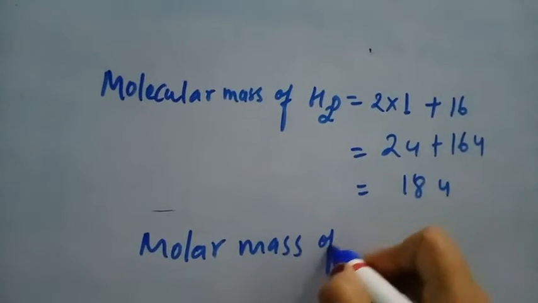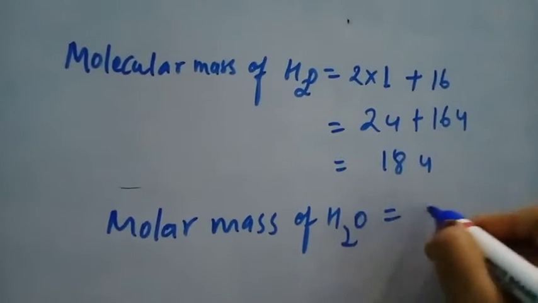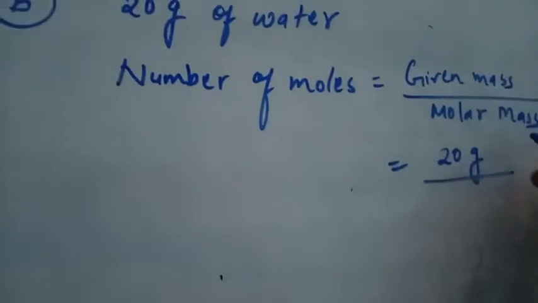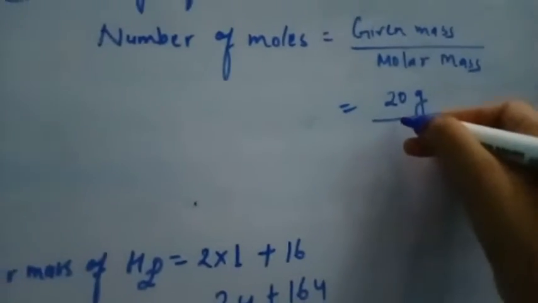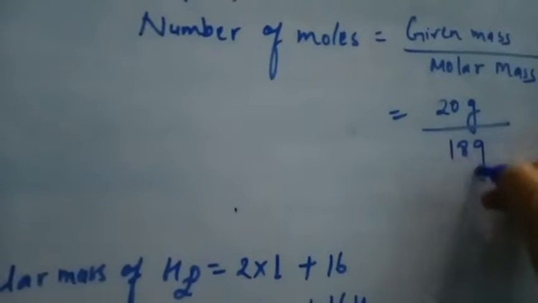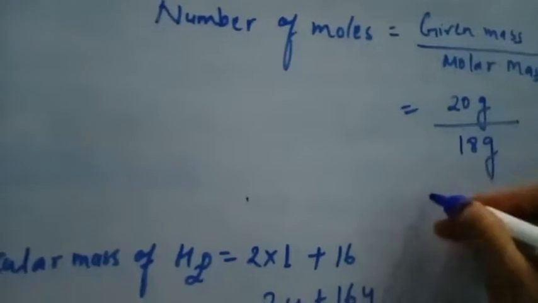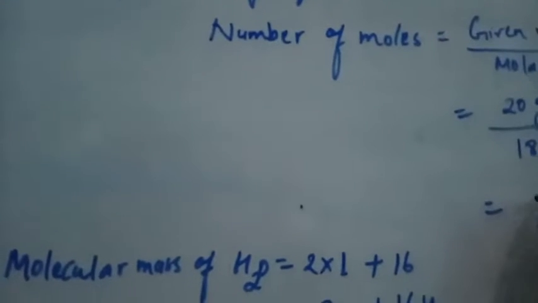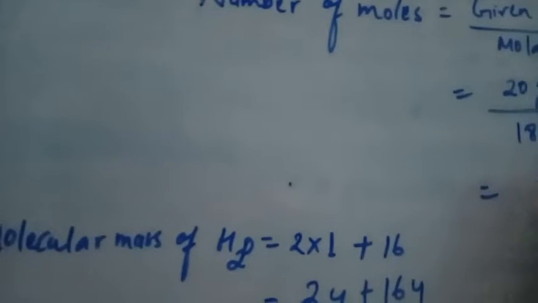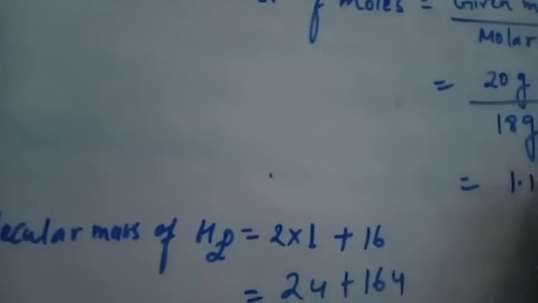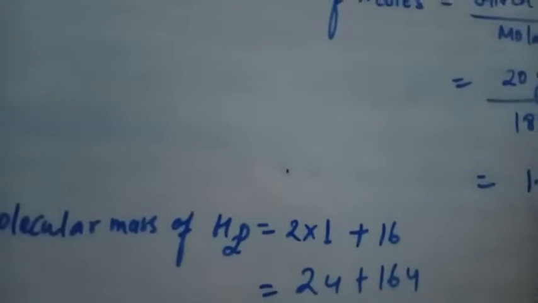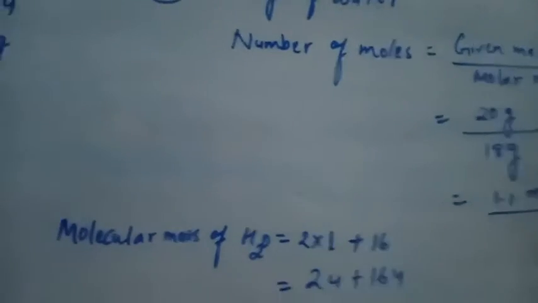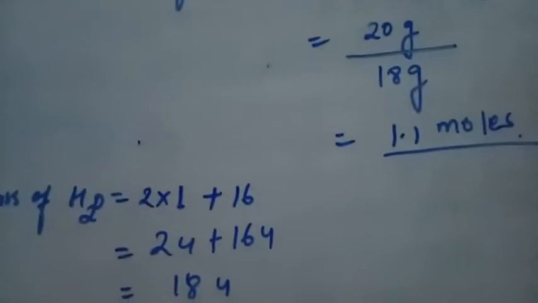Molar mass of H2O automatically will be 18 gram. So this we have to put as the molecular mass of water. So it is 18 gram. So 20 gram by 18 gram, you will get the answer. How much? You will get 10 by 9, that is 1.1 moles. Okay, so 20 gram of water means it is 1.1 moles.